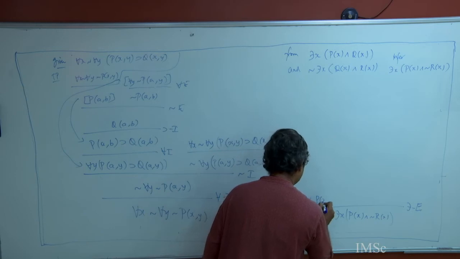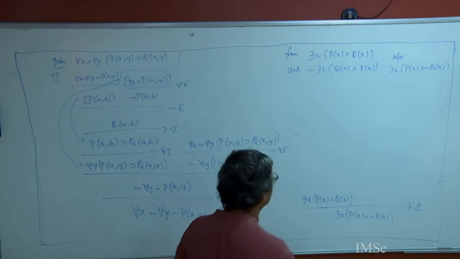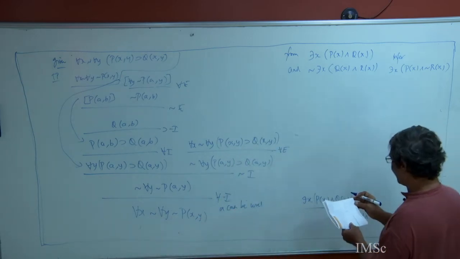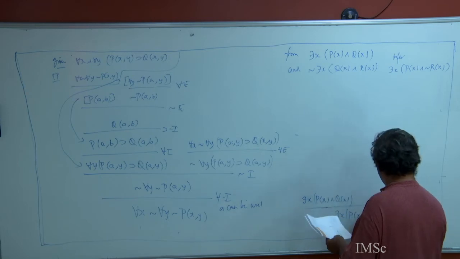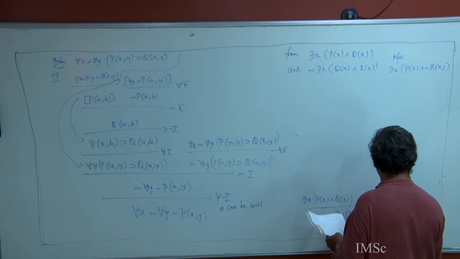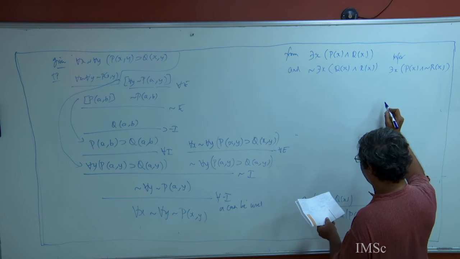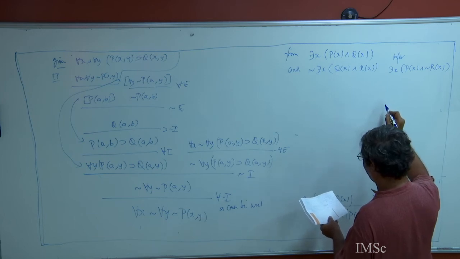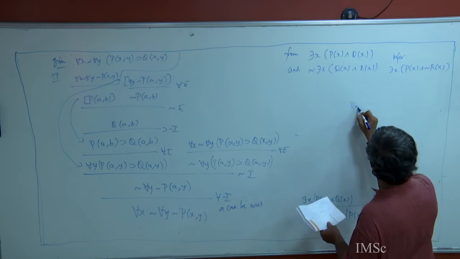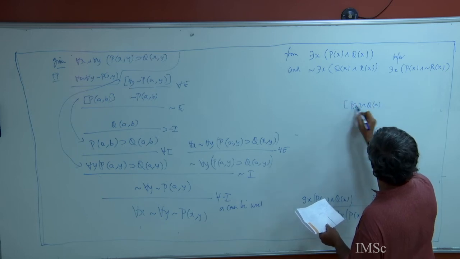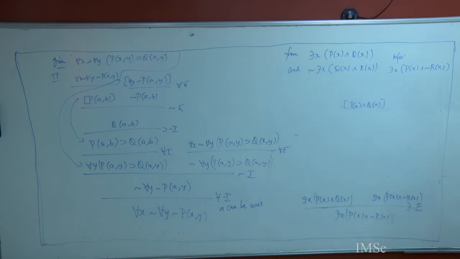I start with there exists X Px and Qx, and by making a substitution, I'm going to derive there exists X Px and not Rx. The substitution that I am going to make is PA and QA, an assumption that will be discharged.